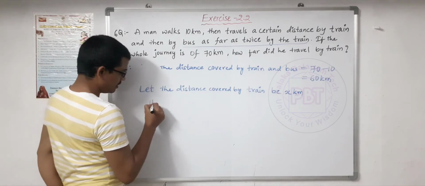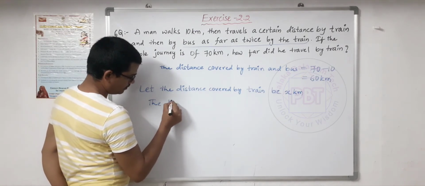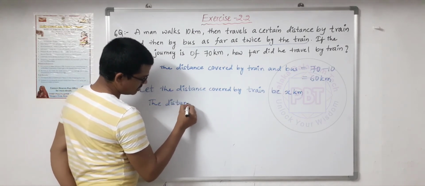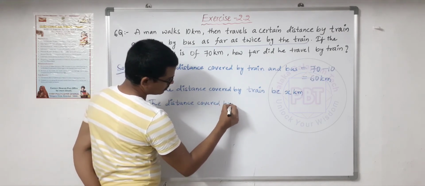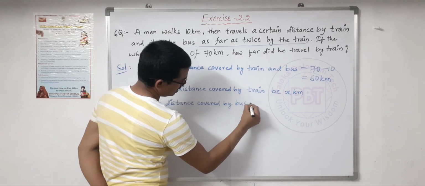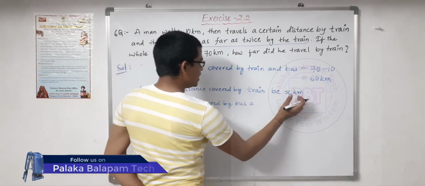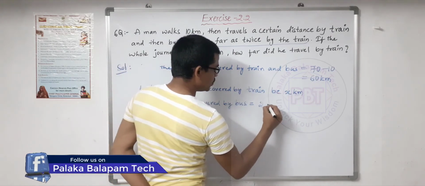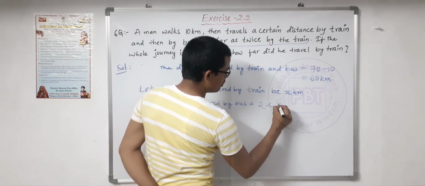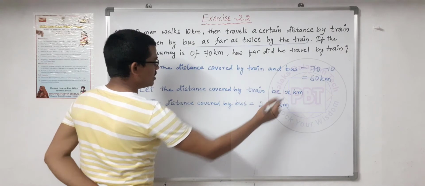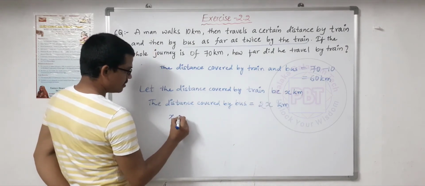Then the distance covered by bus is twice the distance covered by the train, that is 2 into x, 2x kilometers.